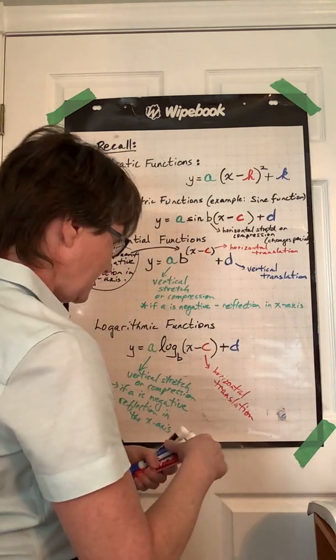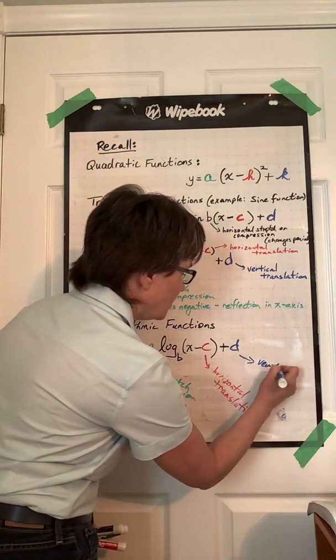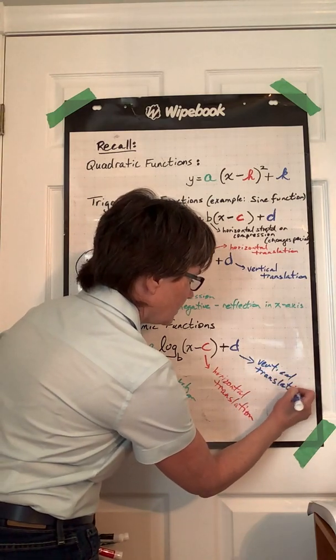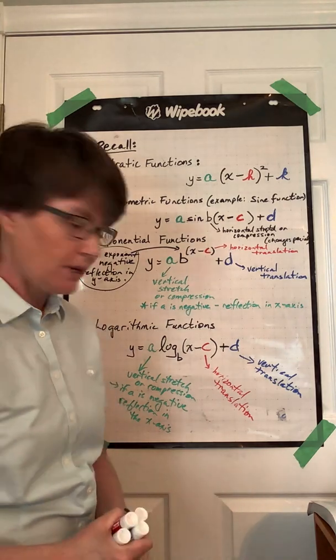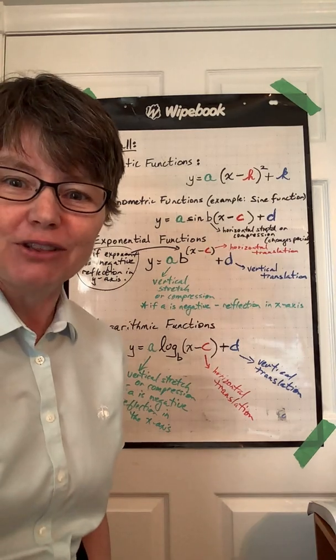And last one, D, it's still the same thing as it was before, a vertical translation. So going to take that most simple base graph and move it up or down. There we have it, transformations of a logarithmic function.